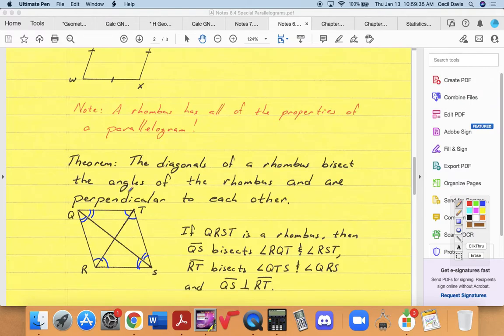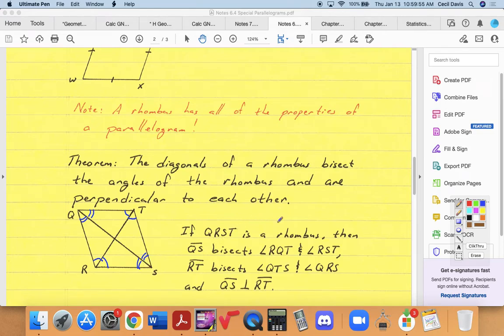So that means that all the triangles aren't isosceles. The little triangles are not isosceles triangles, but look at the big triangles like QTS. QTS is an isosceles triangle.